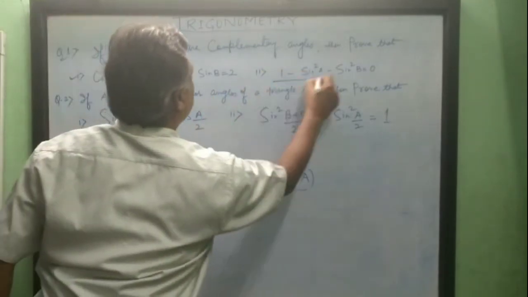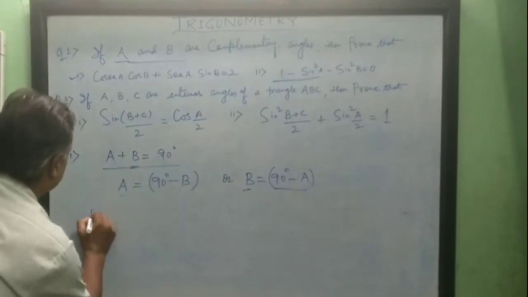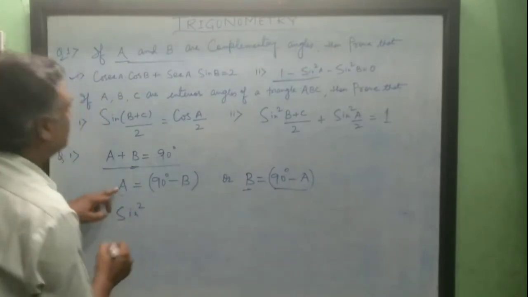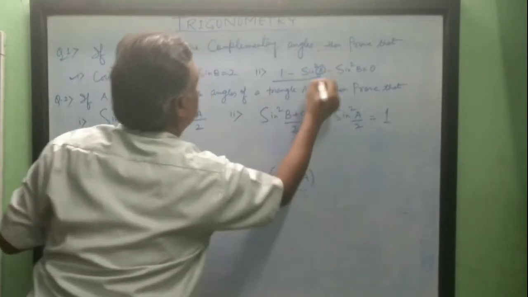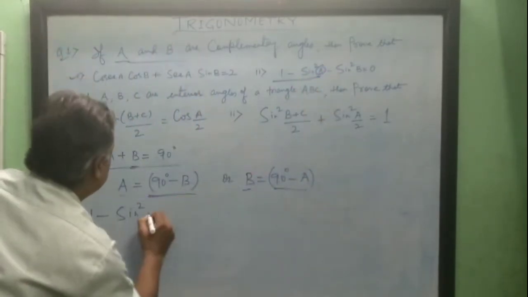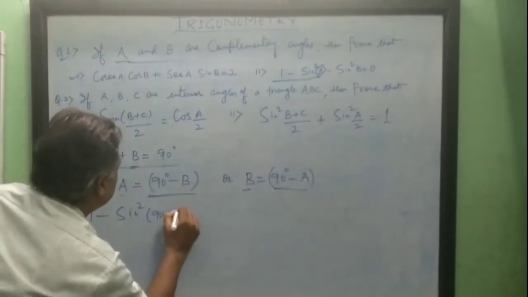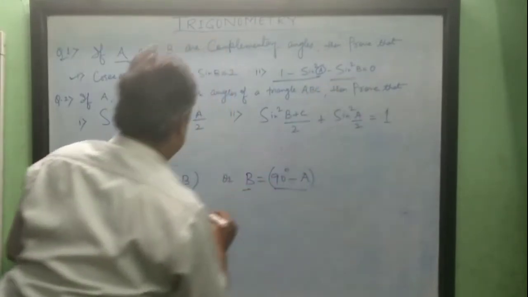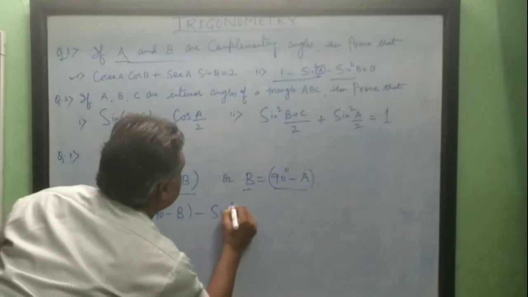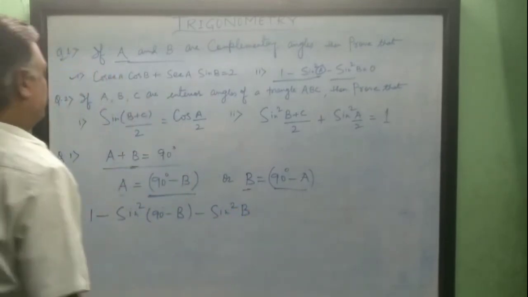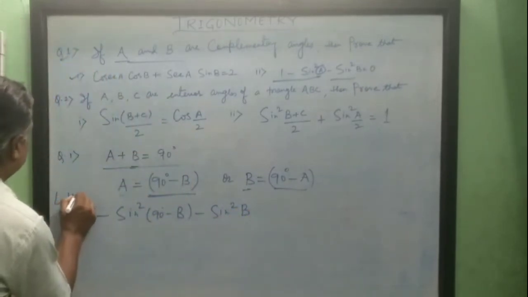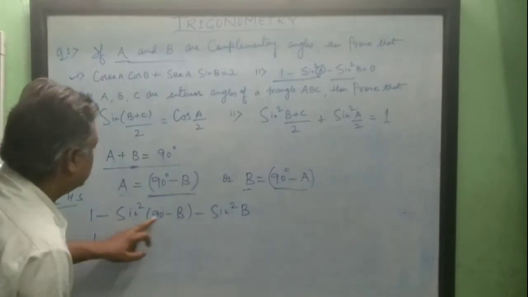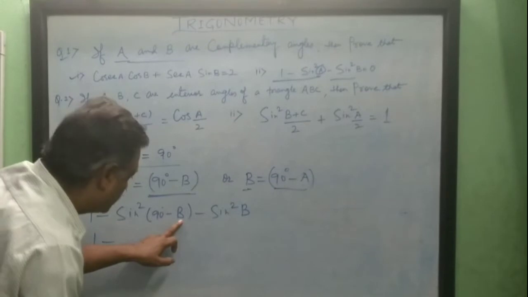Question number 2 is 1 minus sin square A, 1 minus sin square A. So for A I am putting 90 degree minus angle B, and this will remain as it is, minus sin square B. So this is our LHS. Now sin 90 minus theta is cos theta.